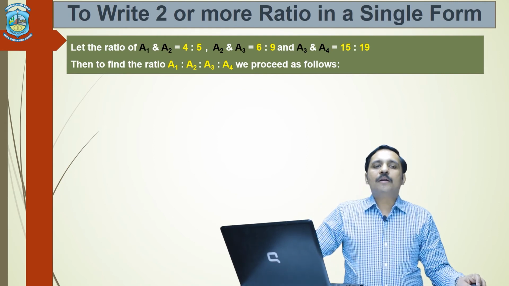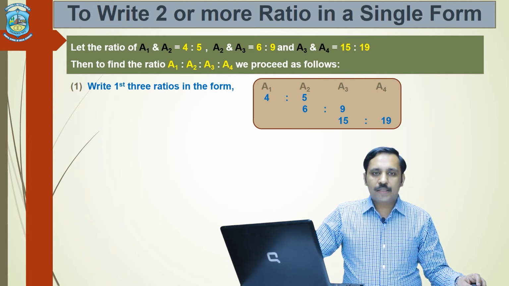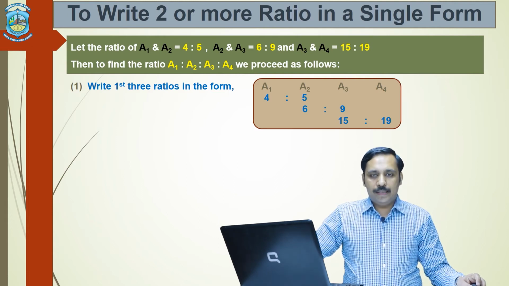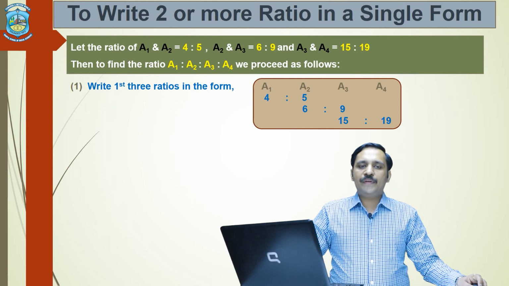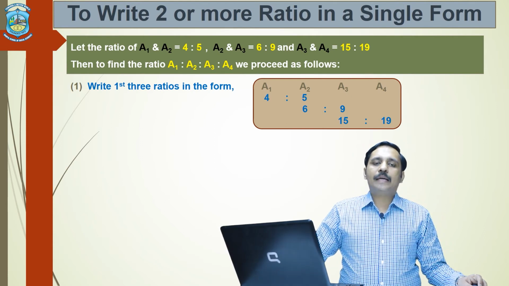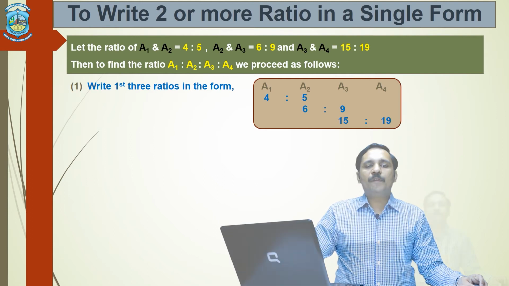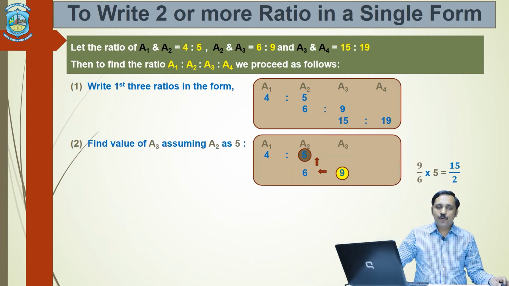First step, we write the given ratios in the form A1, A2, A3, A4. We have the ratio of A1 and A2 as 4 is to 5, ratio of A2 and A3 as 6 is to 9, and ratio of A3 and A4 as 15 is to 19. Now second step, we find the value of A3 assuming that the value of A2 is 5.